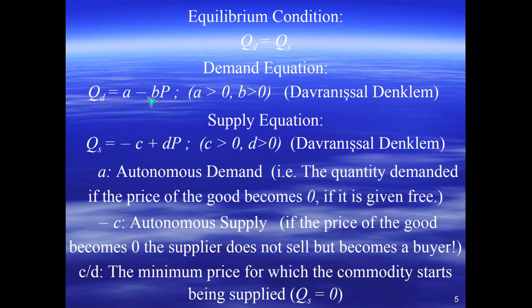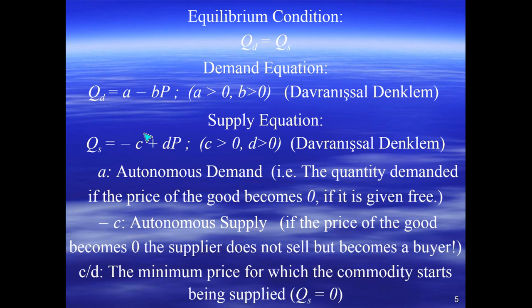This is realistic. At the supply equation, which is also a behavioral equation, we have QS, quantity supplied, equal to minus C plus DP. C and D are positive, so minus C is negative, plus D times P. There is also an autonomous sort of supply, but this autonomous supply is negative. When the price of the good is zero, the seller doesn't want to sell.